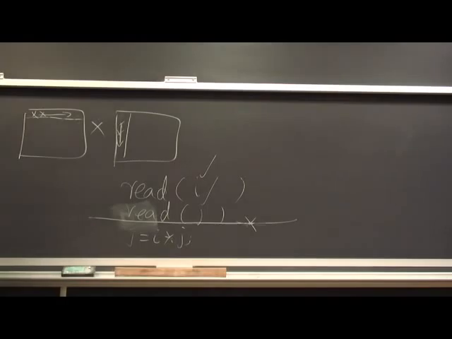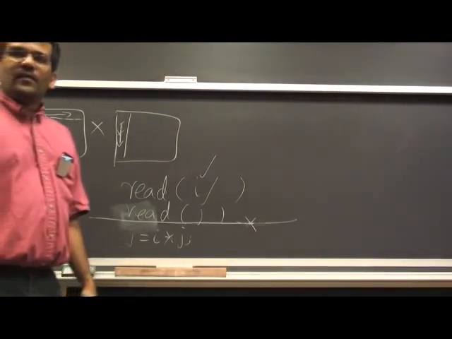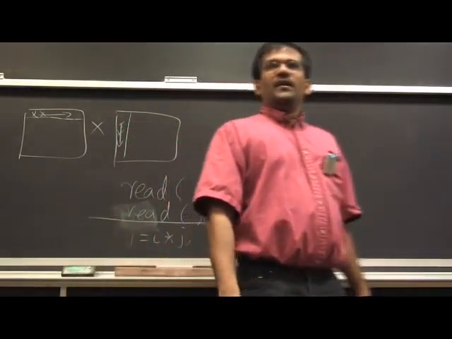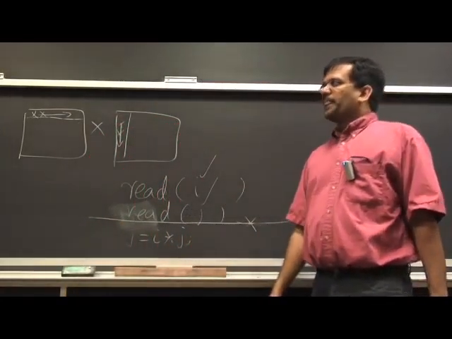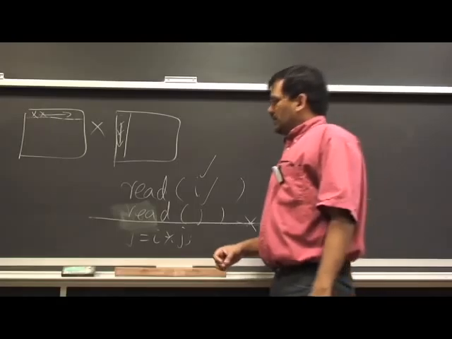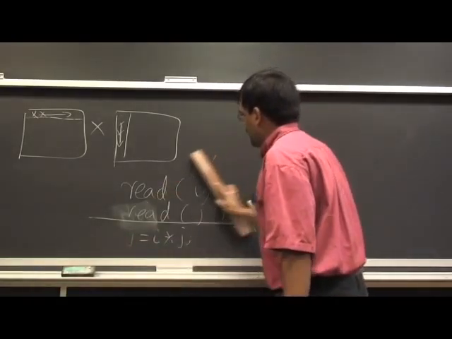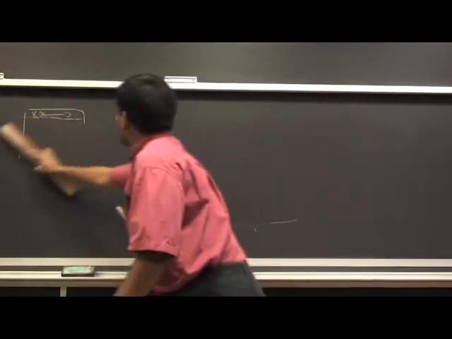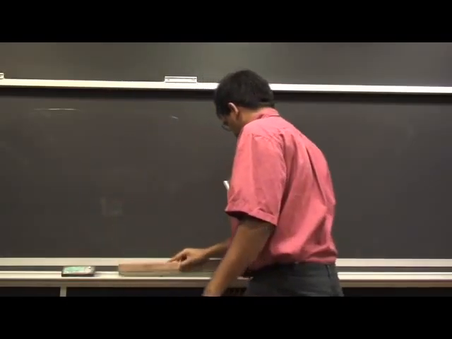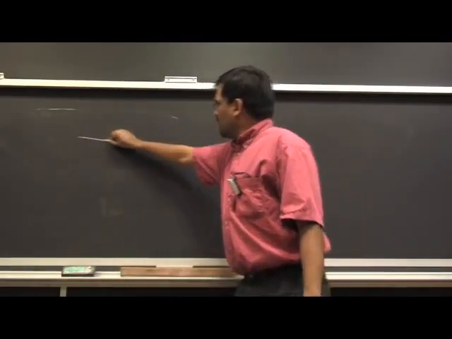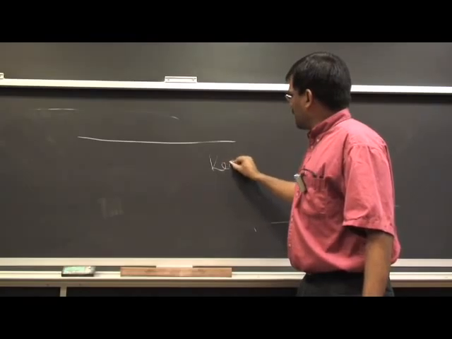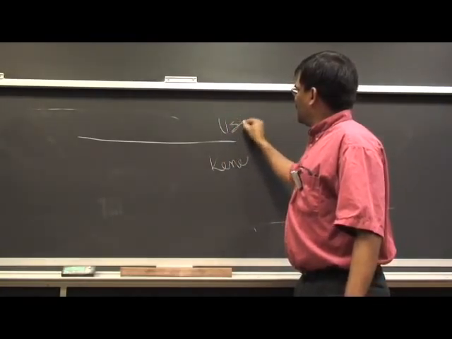The way that you access the kernel from an application perspective is through system calls. So let me erase this stuff. Let's assume this is the kernel and this is the user.